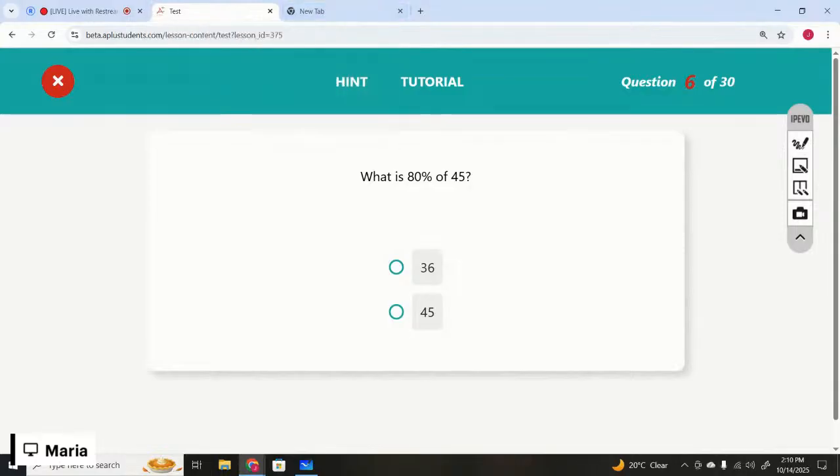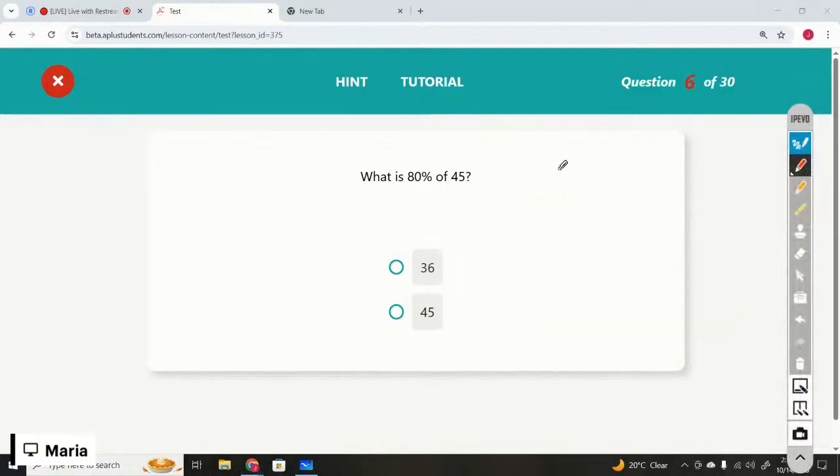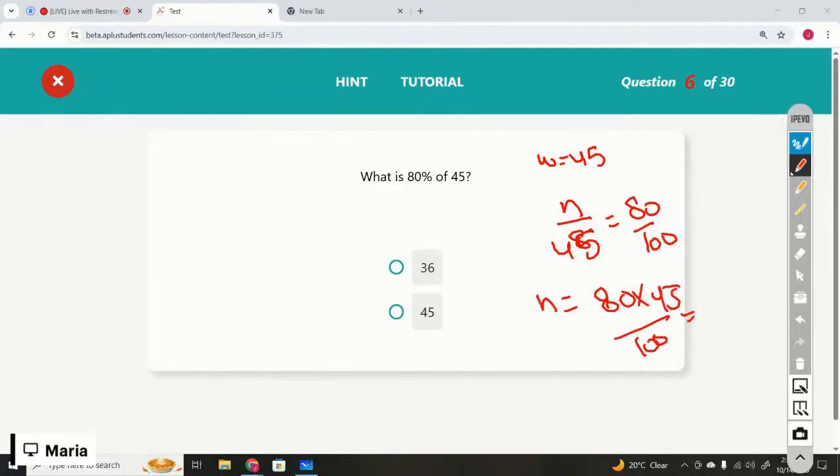What is 80% of 45? The whole is 45. That is n divided by 45 equals 80 over 100. So n equals 45 times 80 over 100.